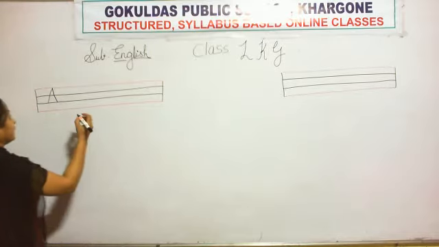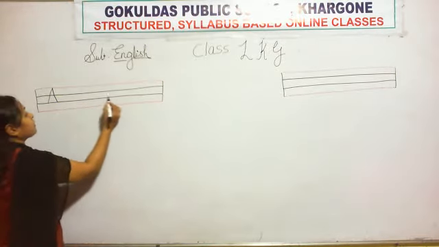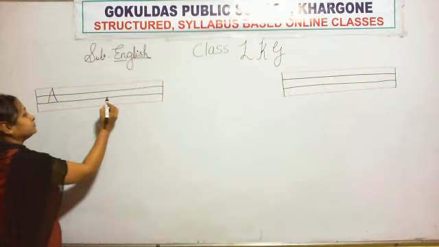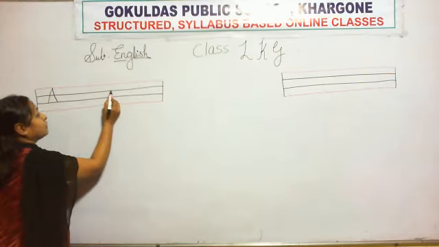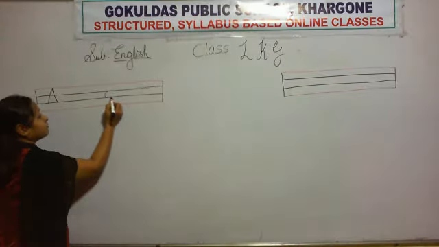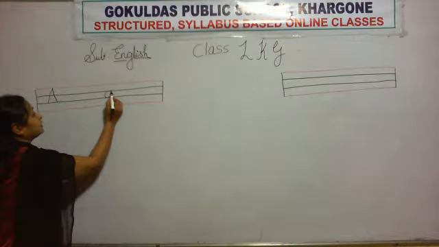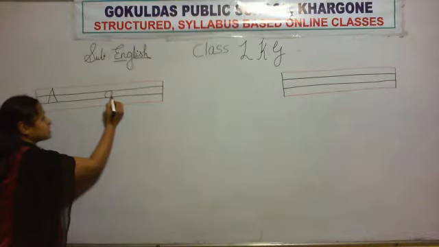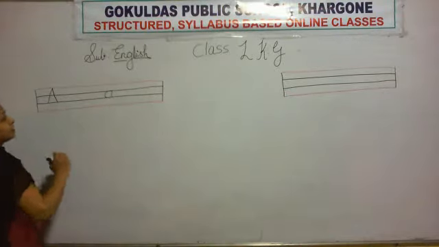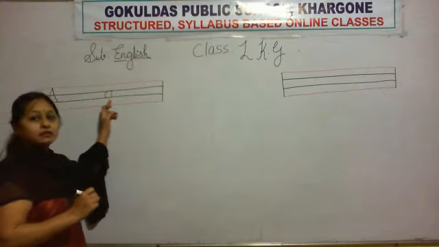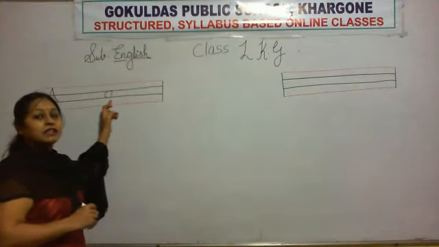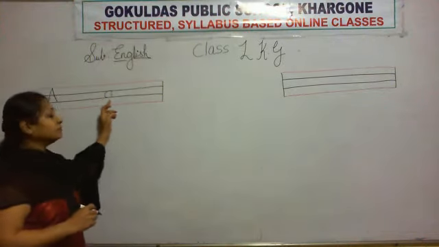Now small a. Letter small a. How you will write? You will start from middle line to base line, half curve, then steady line, like this. This is small a, but it sounds a.